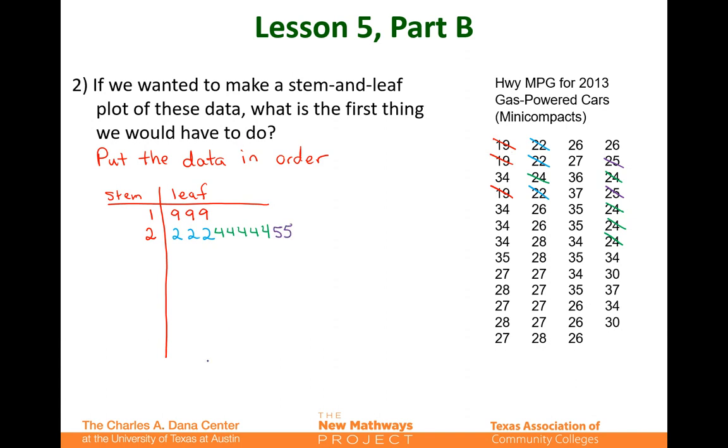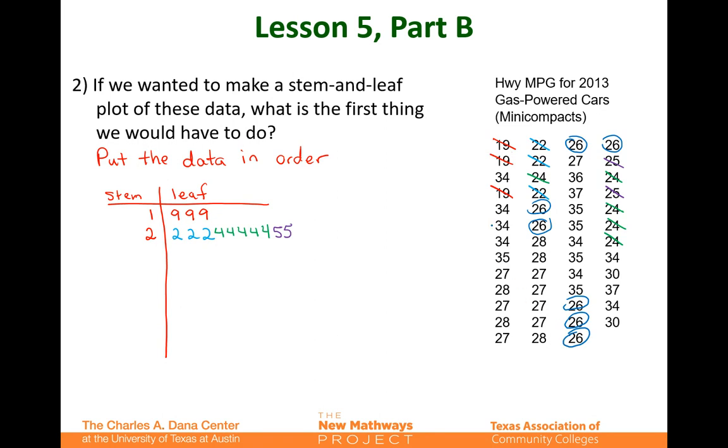And finally, let's just do 26. I think there's a lot of 26s. I think I'll circle those. There's 1, 2, 3, 4, 5, 6, 7.